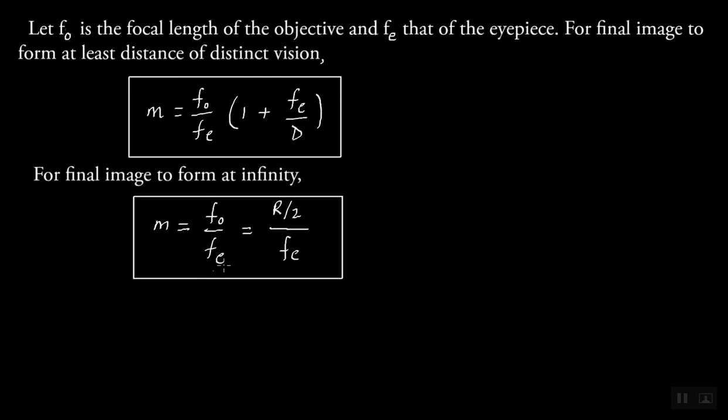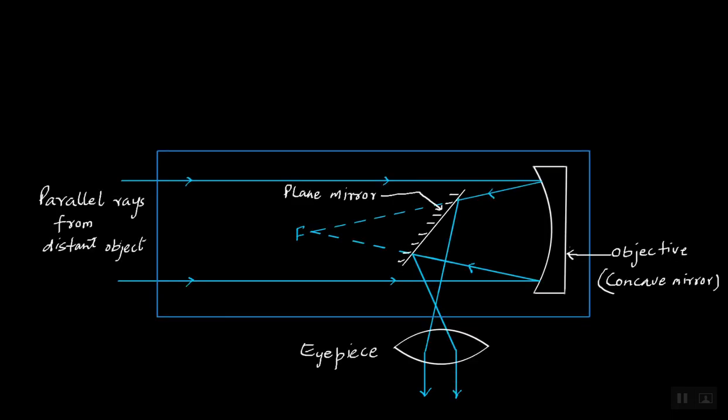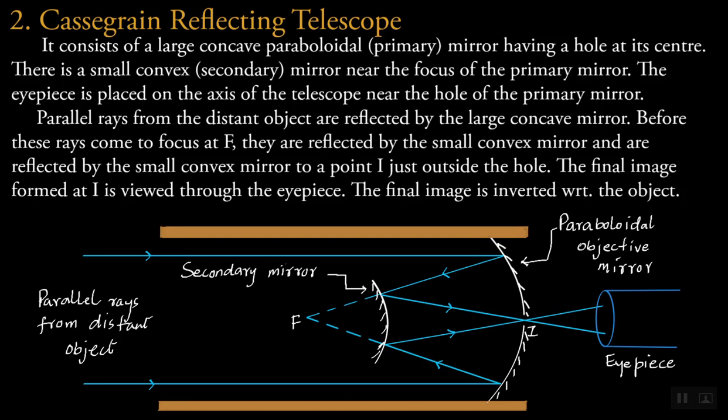This part is the same as that of the astronomical telescope, which is equal to R by 2 divided by FE, where R is the radius of the paraboloidal mirror. Is it clear? So these are the two reflecting type telescopes. One is the Newtonian reflecting telescope, and the other one is the Cassegrain reflecting telescope. Thank you.